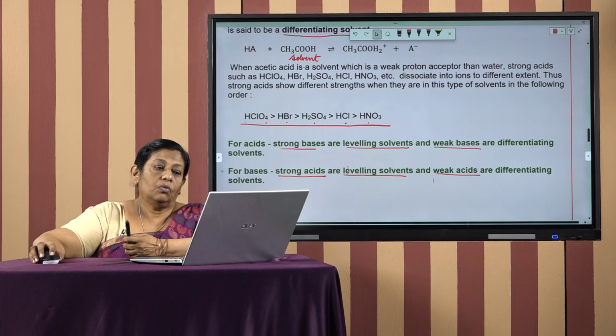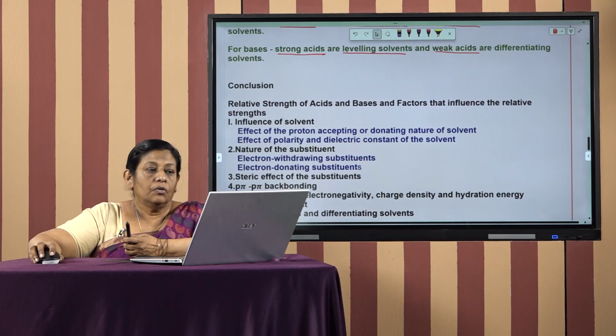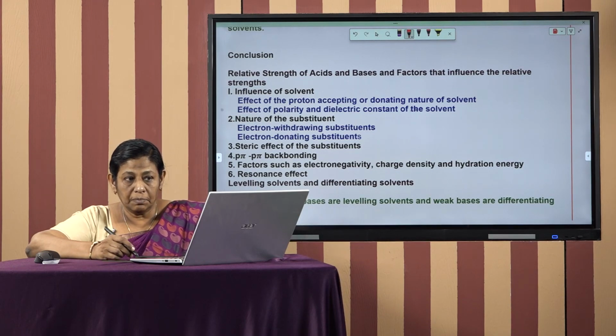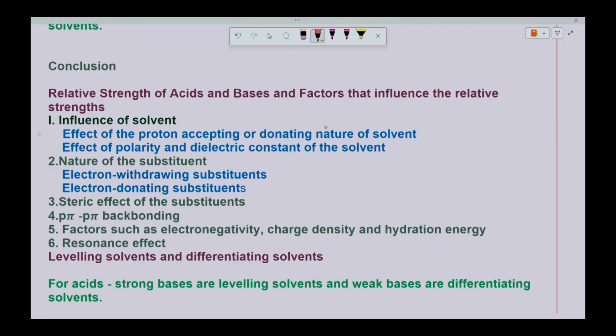Okay. Now, let us conclude. We have been seeing in this session the relative strength of acids and bases and the factors that influence it. First was the influence of the solvent, and in solvents we have the effect of the proton accepting and donating nature of the solvent, then the polarity and dielectric constant of the solvent.